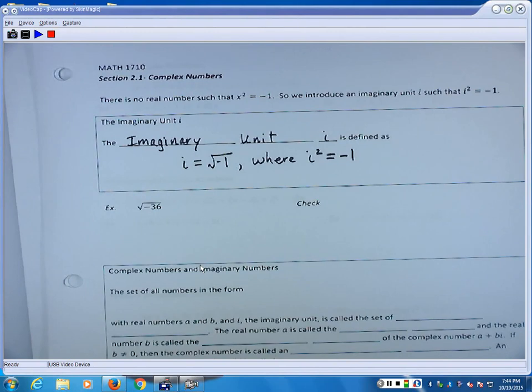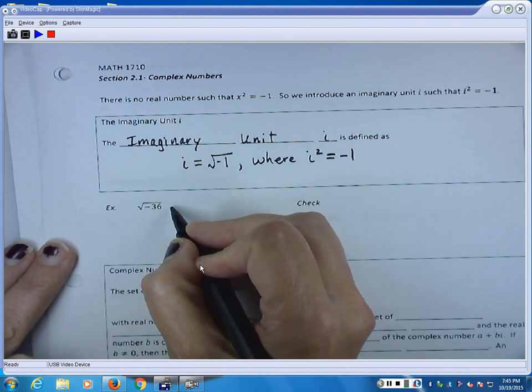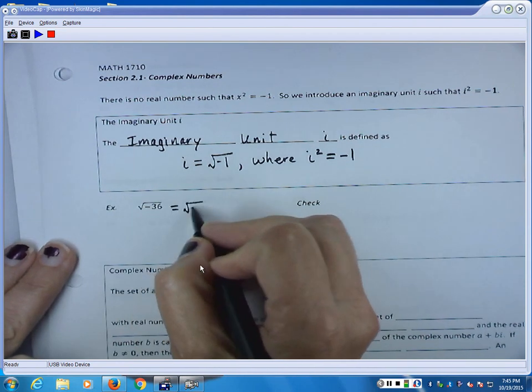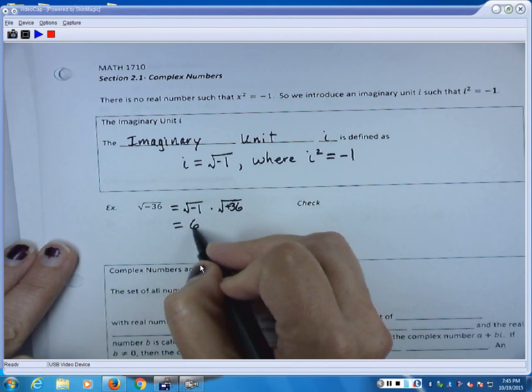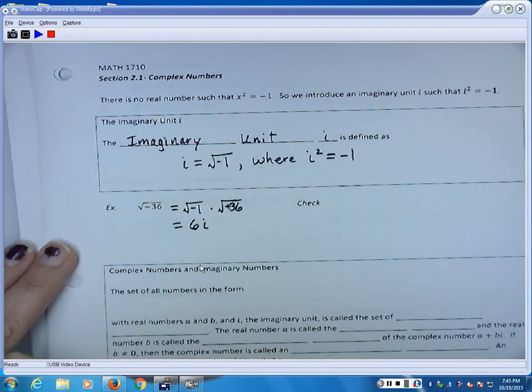Okay, so all we have to do is remember that the square root of -1 is i, and anytime we get an i squared when we do something, that's going to end up being -1, and then we treat i as a variable besides that. So here, if we want to take the square root of -36, we write this as the square root of -1 times the square root of 36, and we get 6i.